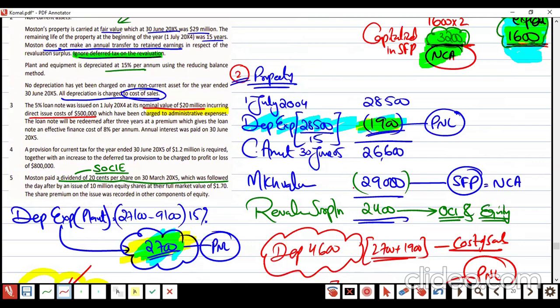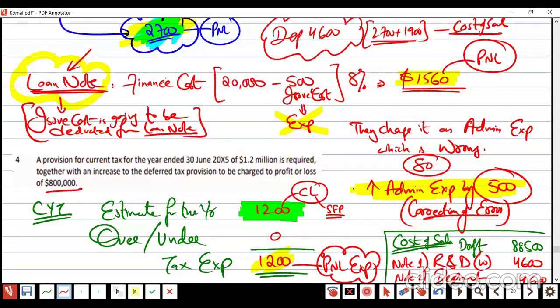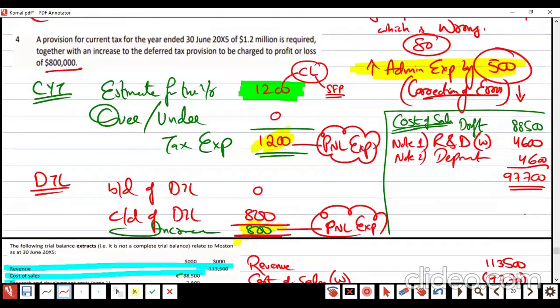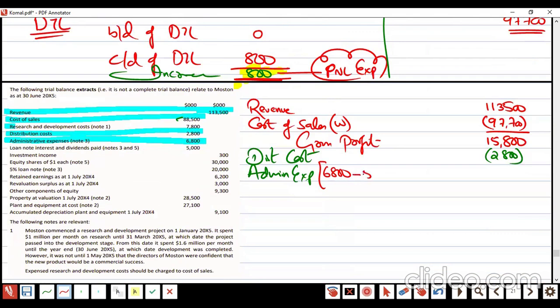What does this mean? They already put it in admin, right? They increased the admin expenses. Now the correction is going to be 500 less. Very nice.